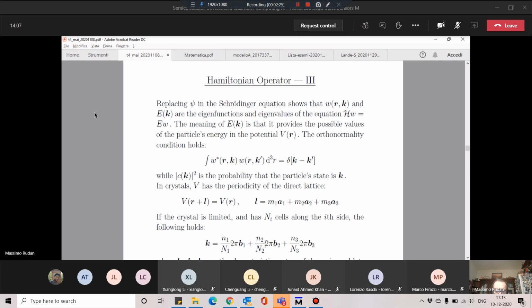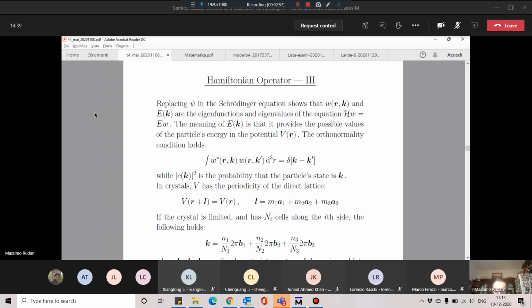that in a periodic structure like a crystal, you have translation vectors that are called L. They belong to the direct lattice, and they are linear combinations with integer coefficients m1, m2, m3 of the characteristic vectors of the lattice a1, a2, a3.